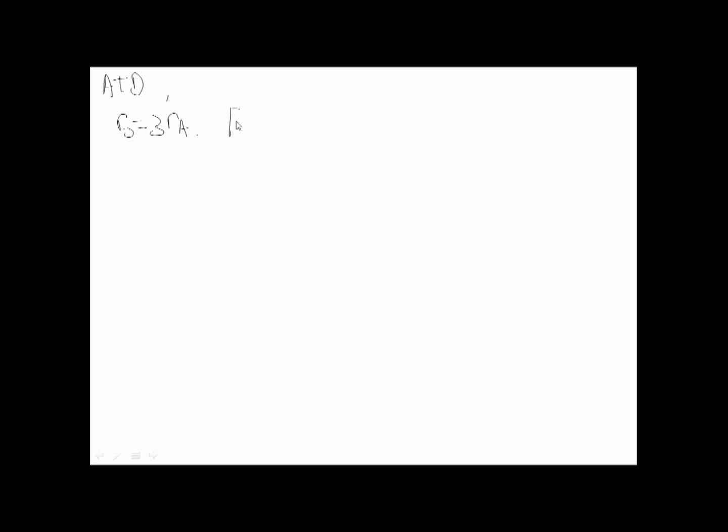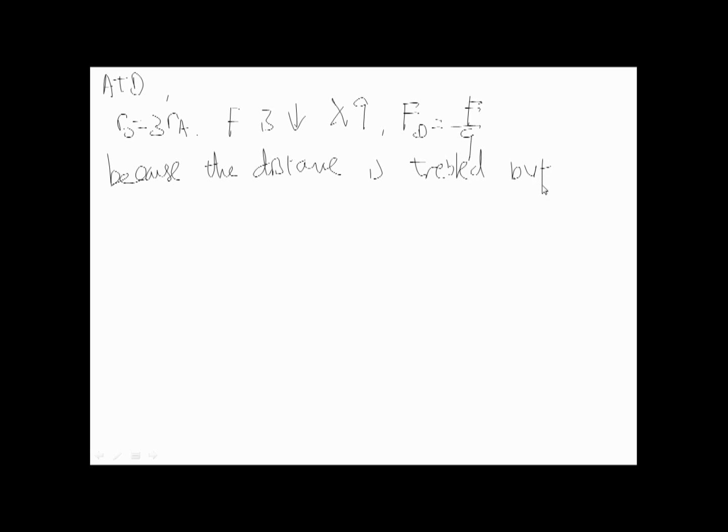So F is reduced by 9 times, so my F at D will be F over 9, because the distance is treble, but the force is decreased by a factor of 9.